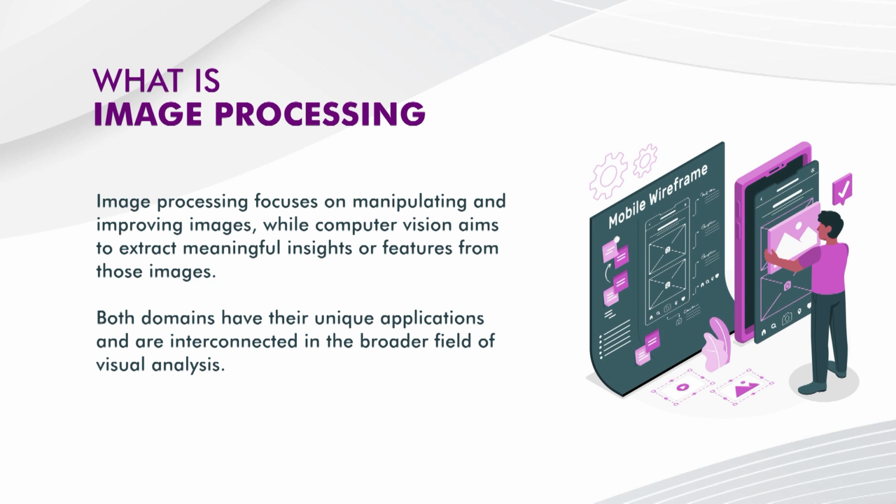Both domains have their unique applications and are interconnected in the broader field of visual analysis. Now that we have a clear understanding of image processing and its relationship with computer vision, we can proceed to explore its applications and benefits.